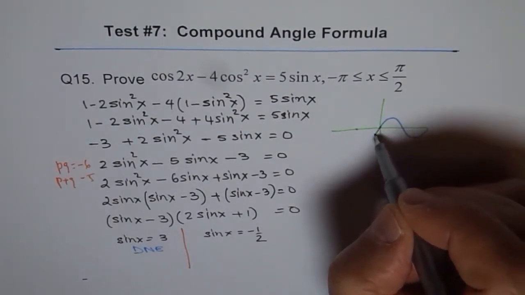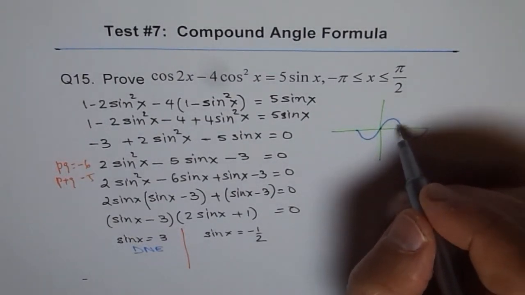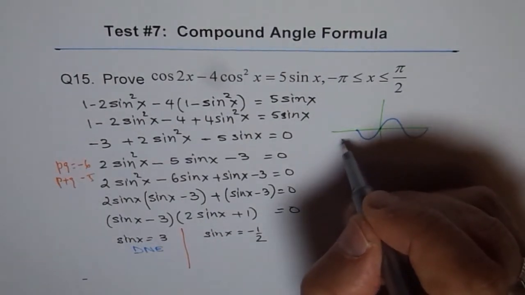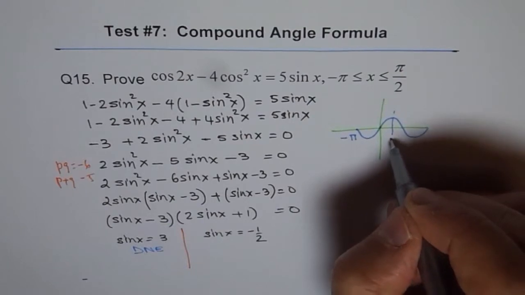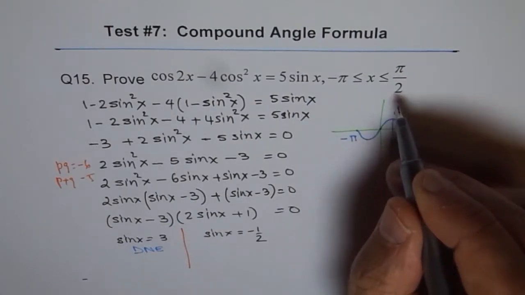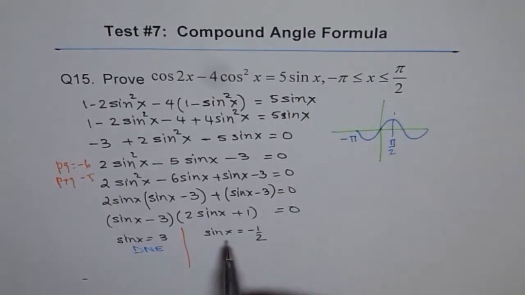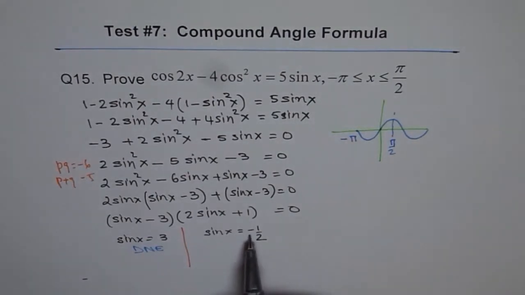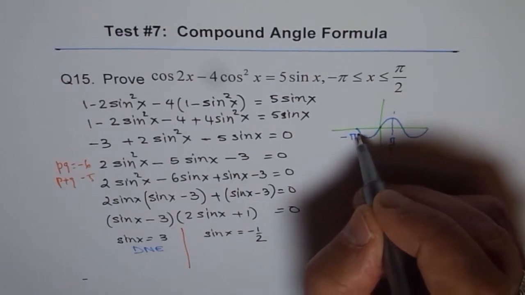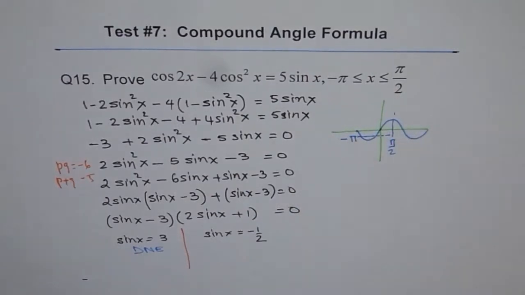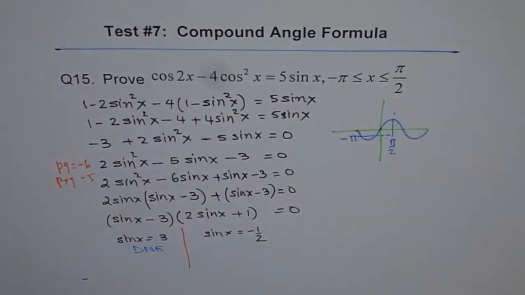Now here the sine wave is from minus pi to pi by 2, from here to here. That is what the domain is. And you're looking for answers where sine x is minus half, something like this. Do you see that? So that is your answer.